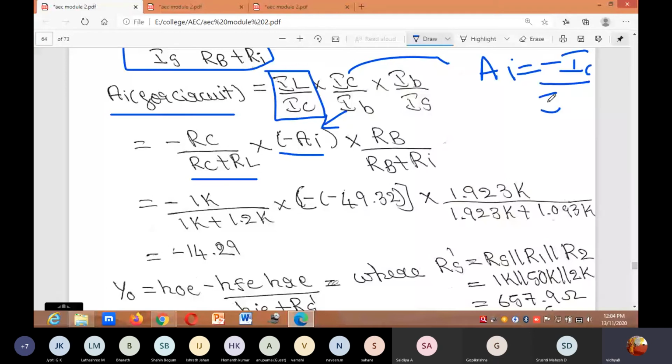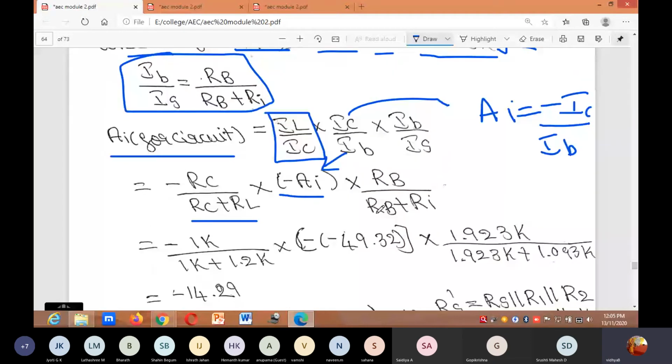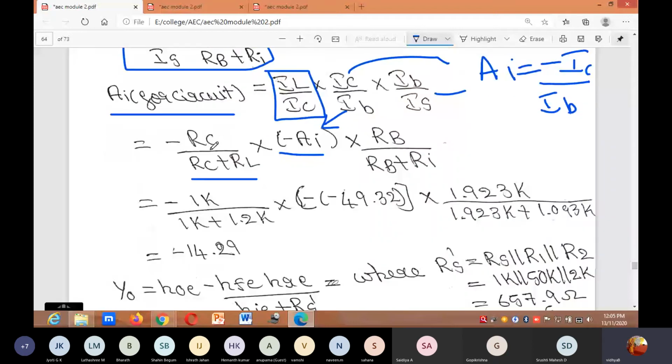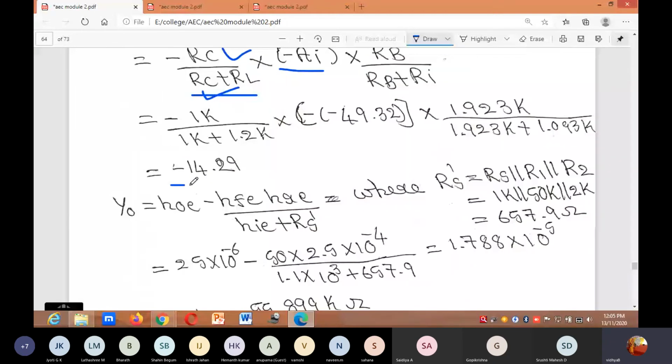So from this equation they have written minus AI into, next what we got from this, RB divided by RB plus RI. We have substituted this equation. We have to substitute all the parameters, so you will get minus 14.29. That is AI.